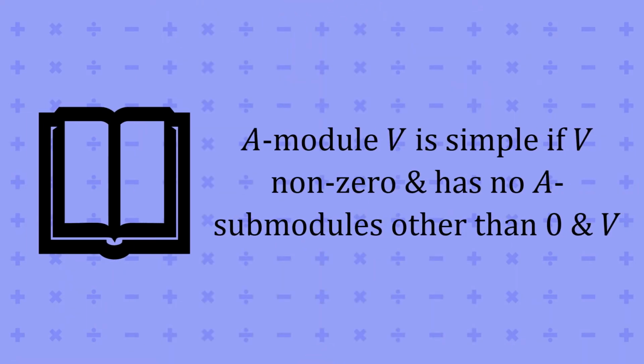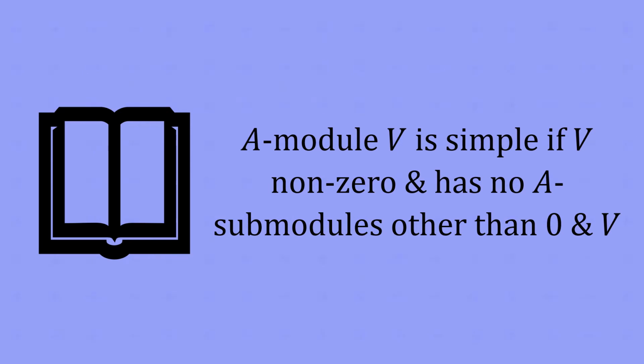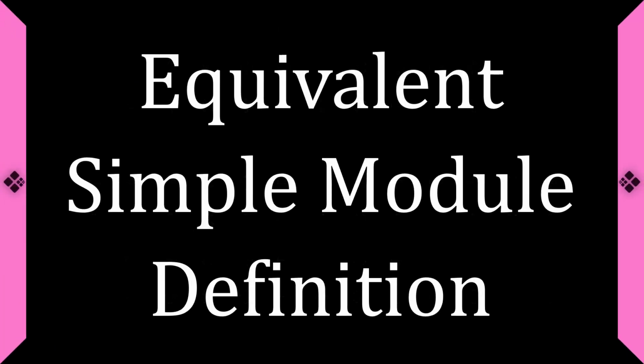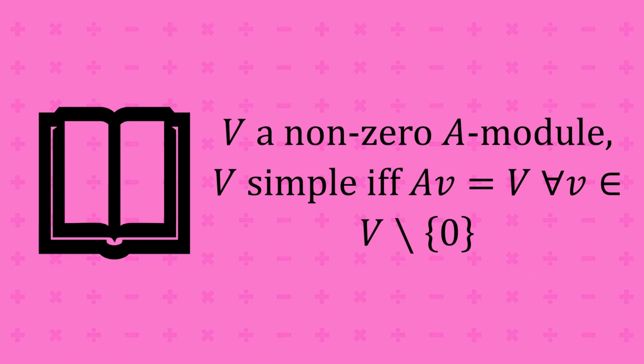So let's start by defining a simple module. An A module V is simple if V is non-zero and it has no A submodules other than 0 and V. Next, let's give an equivalent way of thinking about simple modules.